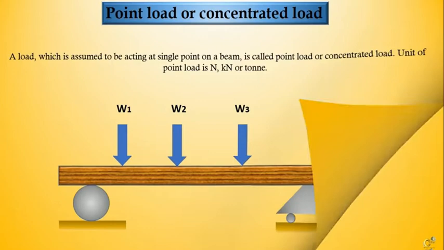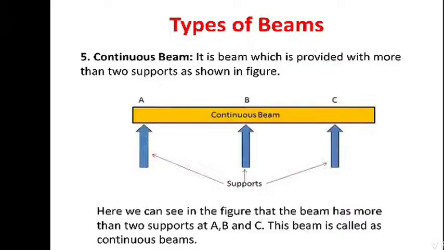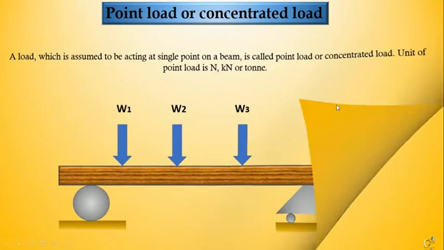Next we have discussed types of load. First we discussed the point load. A load which is assumed to act at a single point on a beam is called a point load or concentrated load.